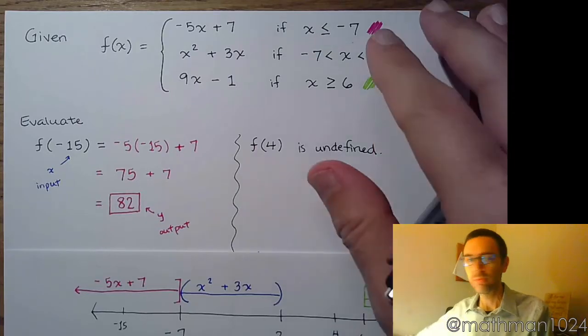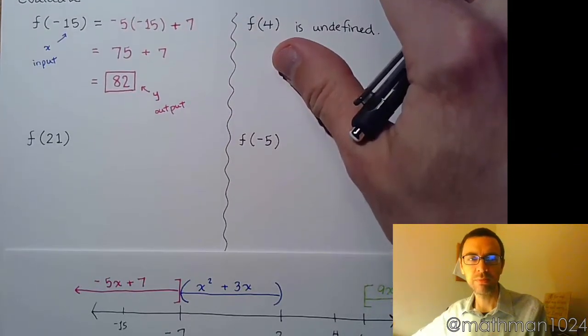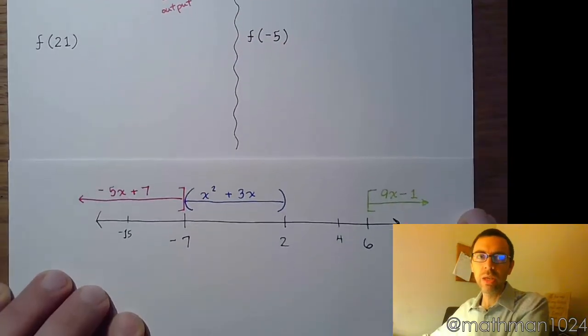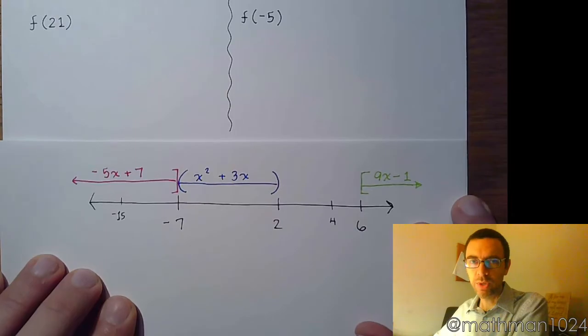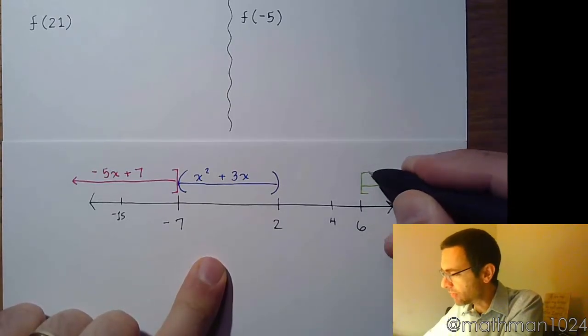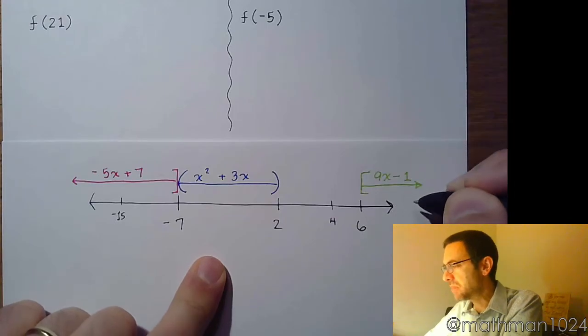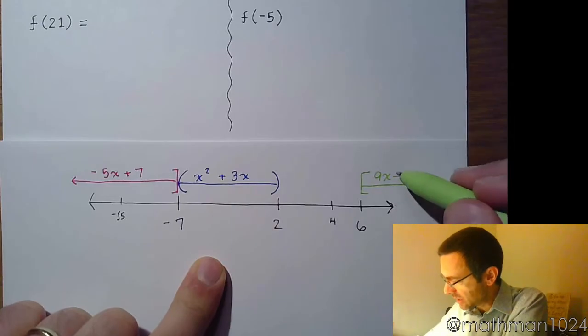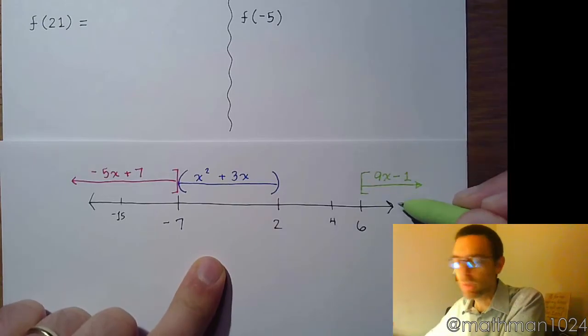All right, let's see what else we have. All right, f of 21. So if we look at our number line that we made up here, 21 is going to be way over here to the right. It's going to fall in this green region. All right, so I'm going to use this expression to evaluate my function.